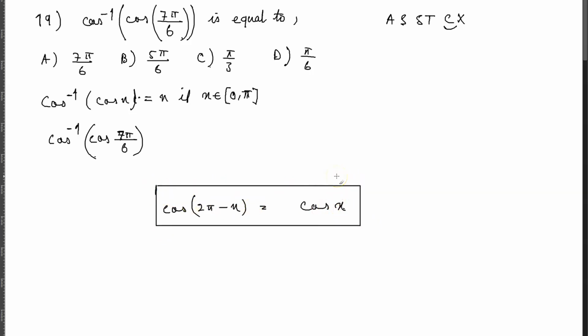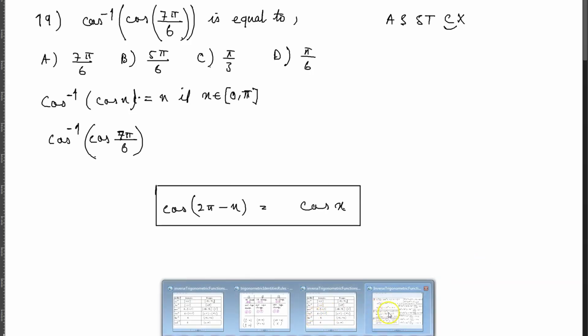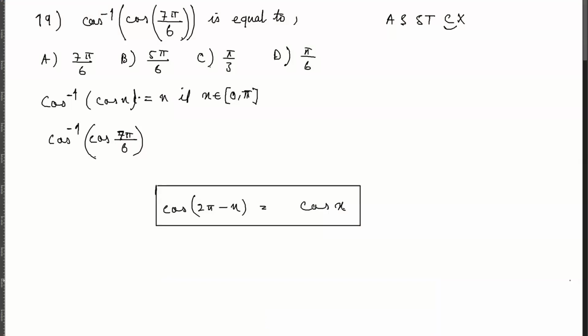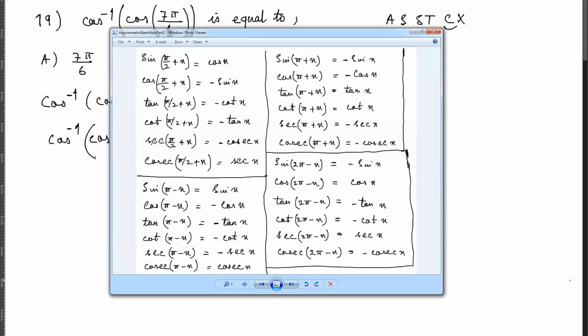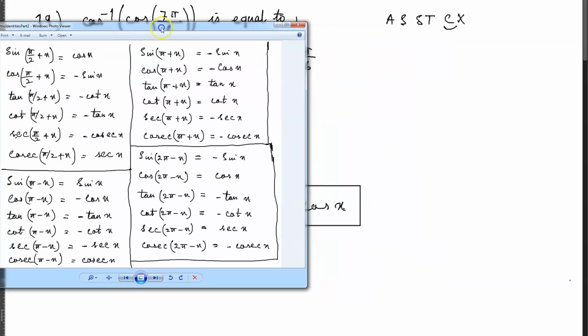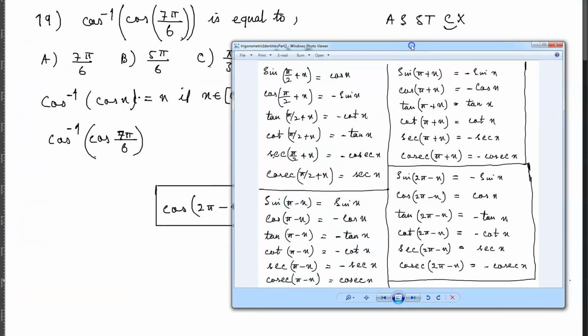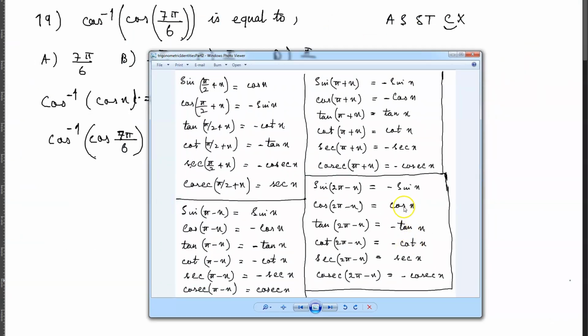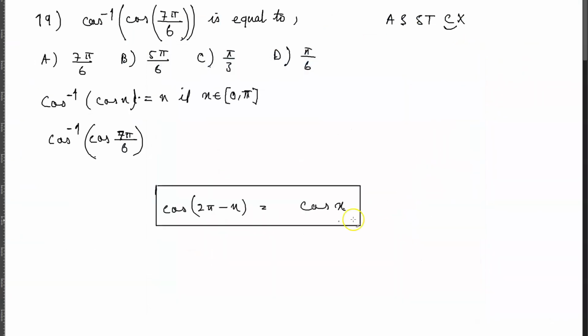As you can see in the formulas we had, the cos of 2 pi minus x is equal to cos x. That's the exact formula that we need.